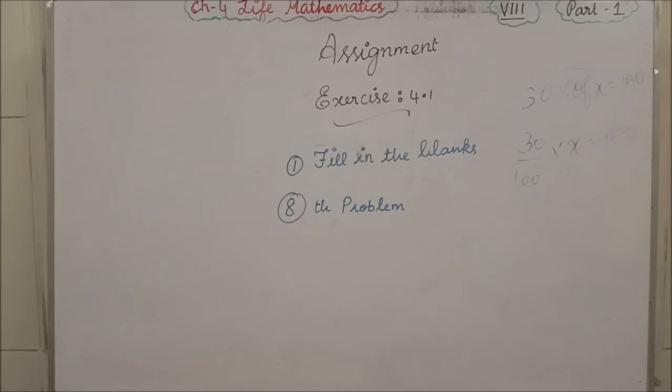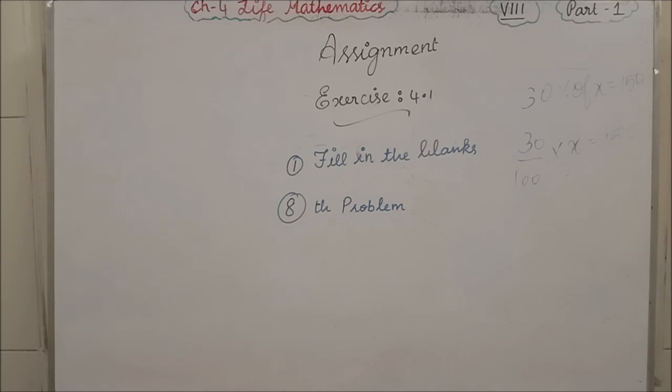Clear? Now, if you see the 8th question, that is also homework that you are going to do like the 7th question. I'll read the question. Now see, a number when decreased by 20% gives 80, they have given. So, in the 7th question we have seen about increased, but here they have given decreased.